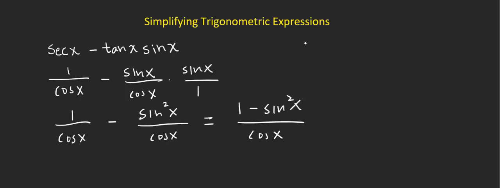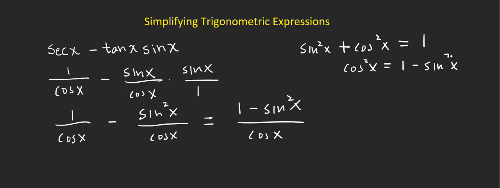Now, if you remember the Pythagorean theorem of trig, sine square x plus cosine square x is equal to 1. And what is cosine square x? Well, if you move sine square x to the other side, you get 1 minus sine square x. And guess what? 1 minus sine square x is the same thing as cosine square x.